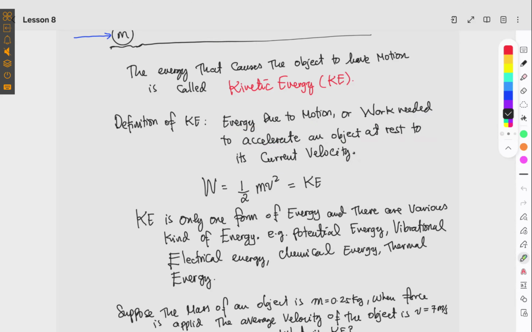Kinetic energy is the work that is needed to accelerate an object at rest to its current velocity.